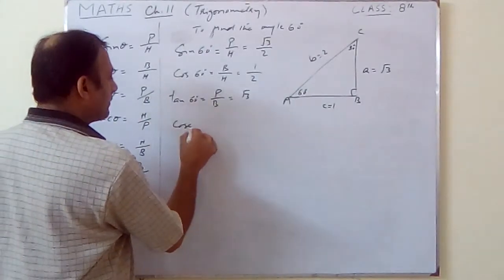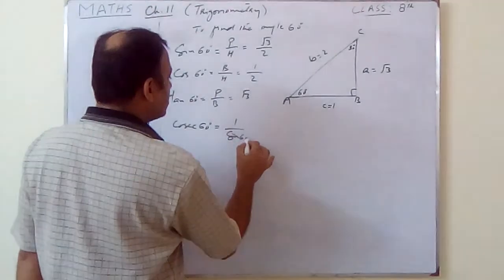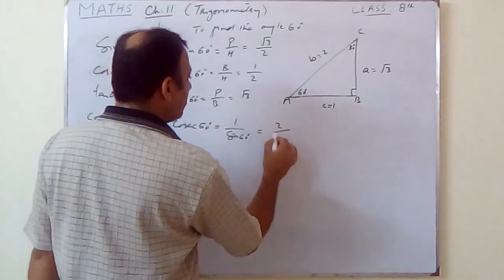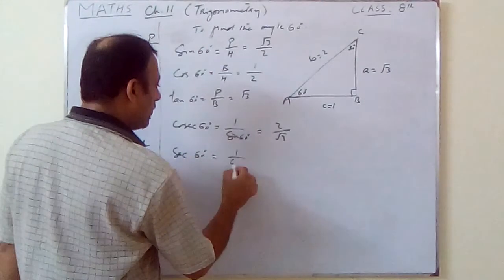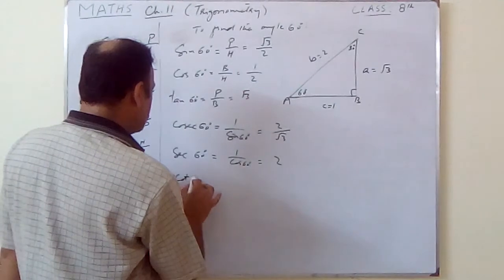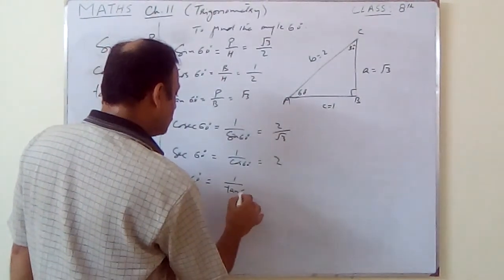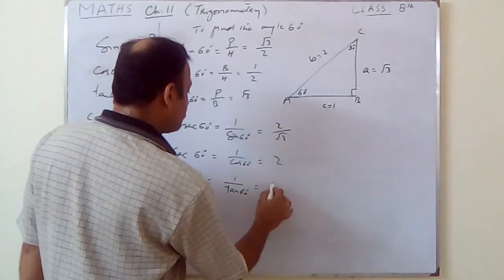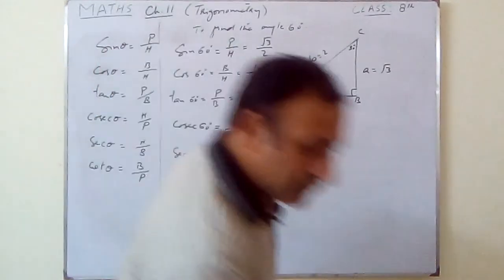Likewise, their reciprocals: cosecant 60 is 1 over sine 60, it is 2 divided by square root of 3. Secant 60 is 1 over cos 60, that is 2, and cot 60 is 1 over tan 60, that is 1 divided by square root of 3. So these are the values for 60.